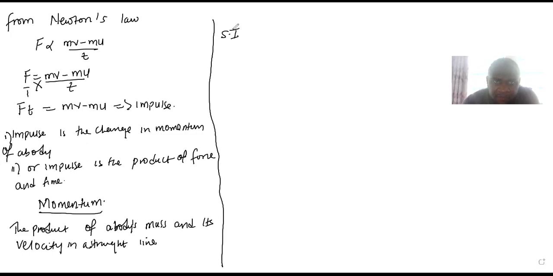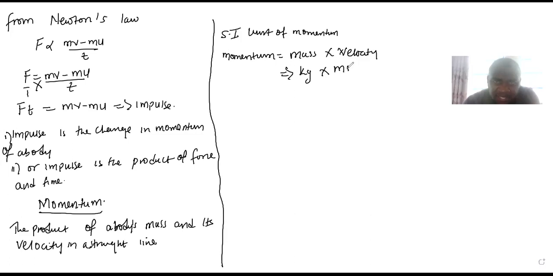By the way, before we go to the principle, the SI unit of momentum: because we have said momentum is mass times velocity, then this is kg in SI units times meters per second.